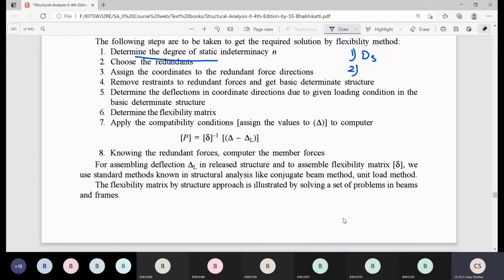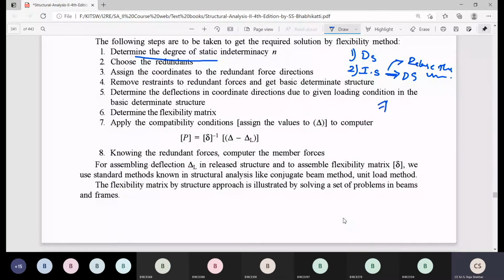Second step, convert the statically indeterminate structure to a determinate structure. How are we going to convert? We need to release the unknown forces.